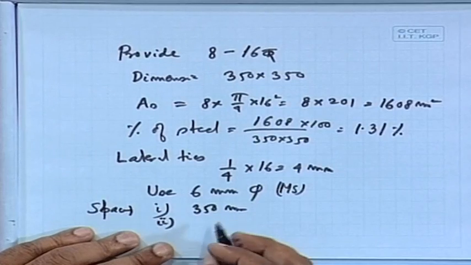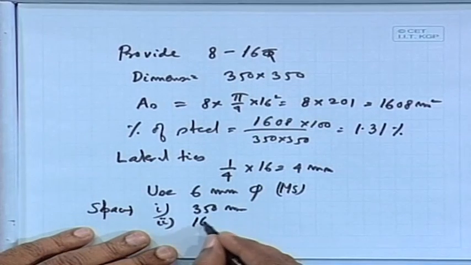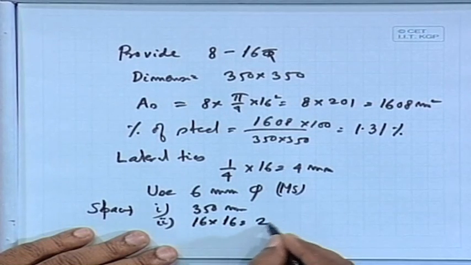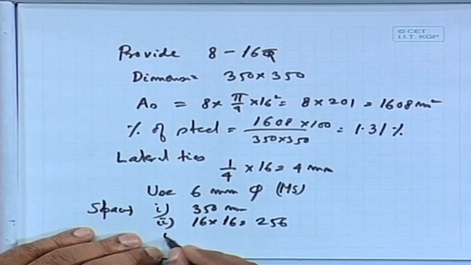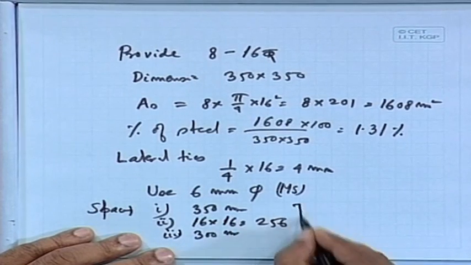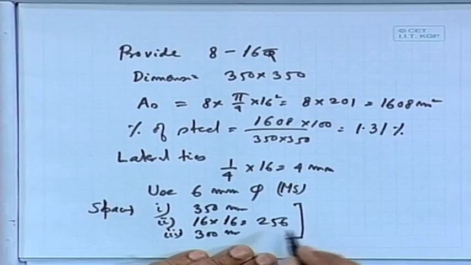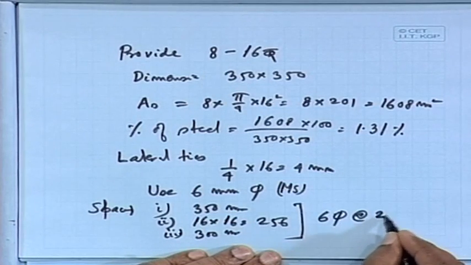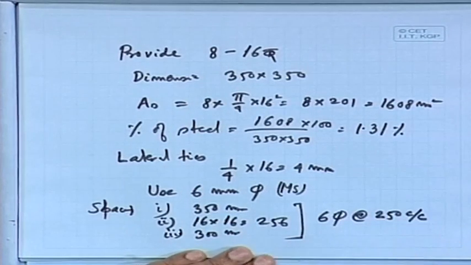Number 2, 16 times the diameter, which is coming as 256, and number 3, that 300 millimeter. So, out of that we are having 256 as the minimum. So, let us provide 6 phi at the rate of 250 center to center.